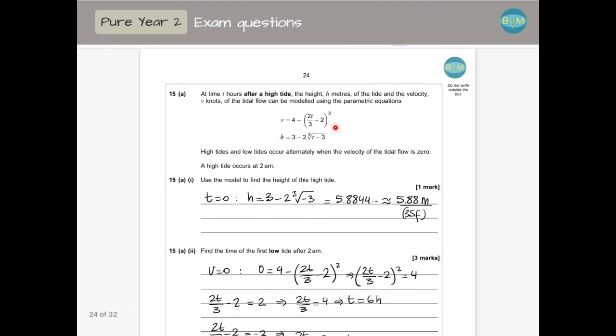This expression for the velocity is an upside down quadratic, and the roots are at 0 and 6. So I have something like this: this is 0 and this is 6. You know the quadratic is symmetrical, so the maximum is going to happen when t is 3.